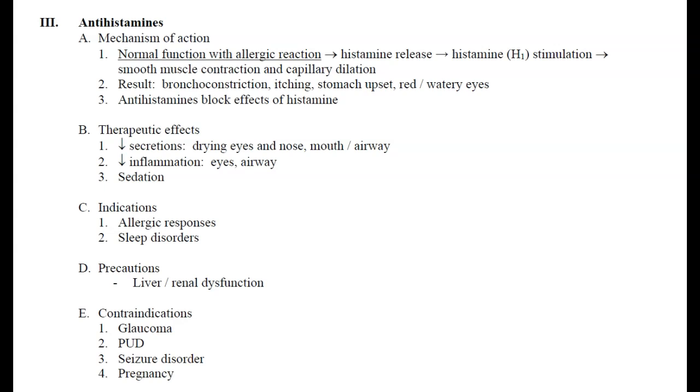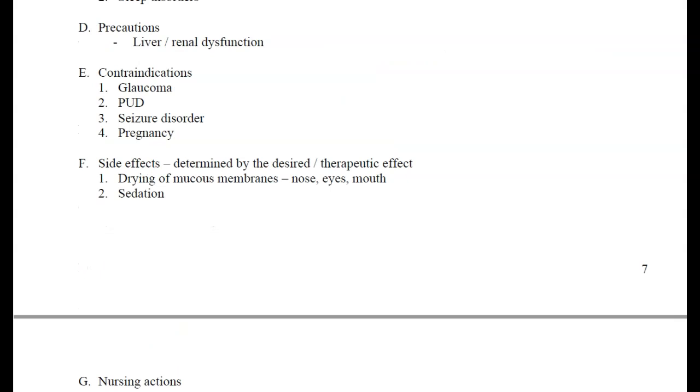Use precaution in patients with liver or renal dysfunction, because as we know, it is metabolized in the liver, and when it comes to renal dysfunction, it can cause some urinary retention, which is an effect of the anticholinergic effect of antihistamines. Some contraindications: glaucoma. Antihistamines can cause pupil dilation, which increases the risk for acute glaucoma attack.